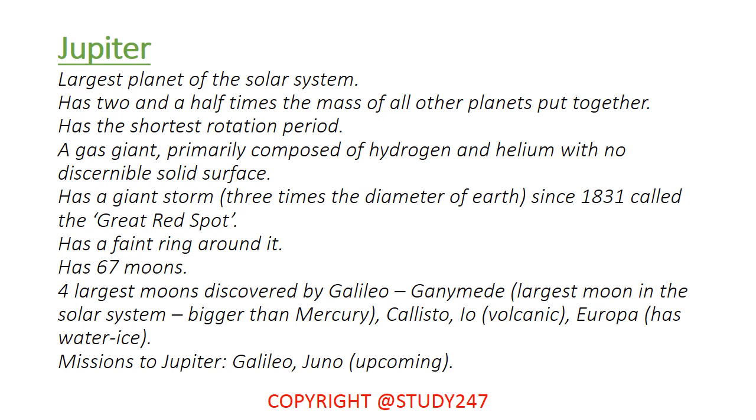It has a giant storm, 3 times the diameter of the Earth, since 1831, called the Great Red Spot. It has a faint ring around it and 67 moons.